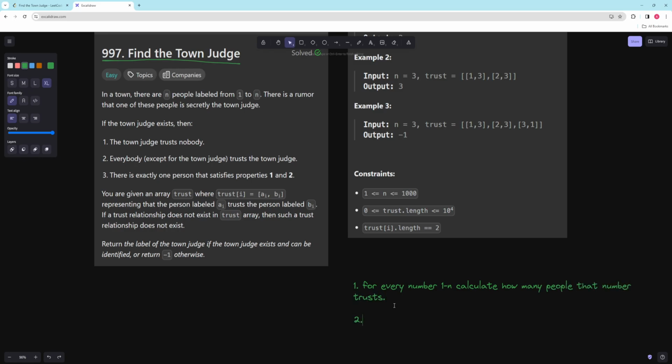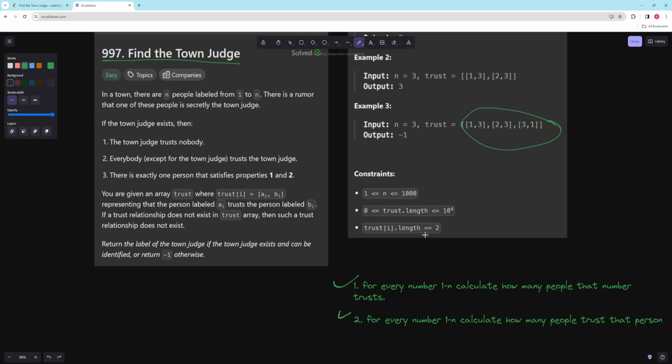And the second one is for every number 1 to n, calculate how many people trust that person. And so we can basically just have a data structure for both of these. And then when we take in these edges, we can just put this in here.